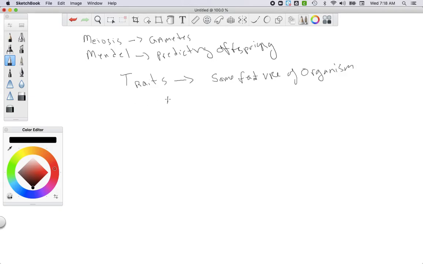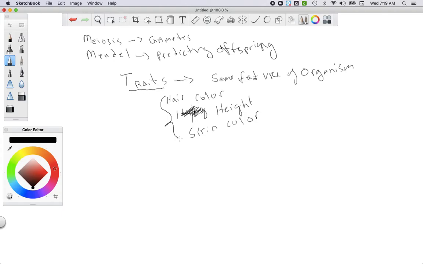Could be hair color, height, skin color, almost anything you can think of is going to be a trait.